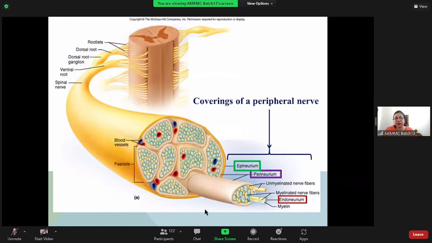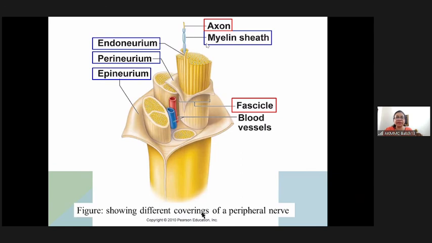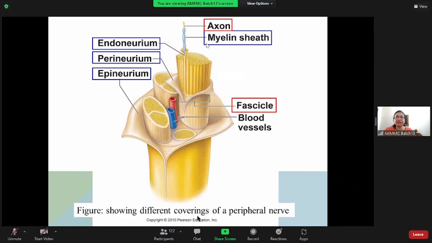And a collection of nerve fibers is known as a fascicle. Okay, now this is a nerve fiber which contains axon, myelin sheath, and neurolemmal sheath. And then it will be covered by another connective tissue covering. What is the name of that covering? Look at this picture. এখানে clear বুঝতে পারবা.